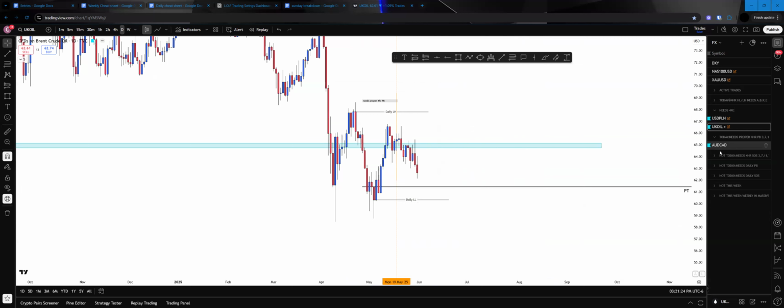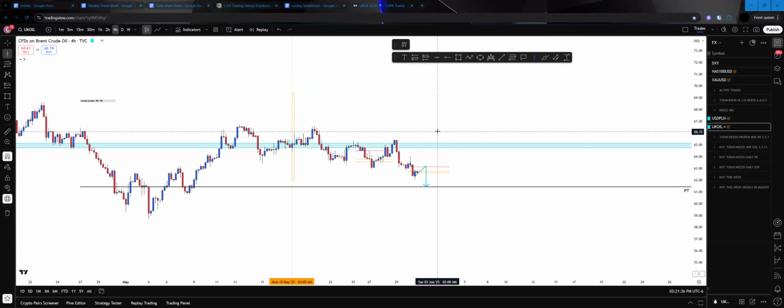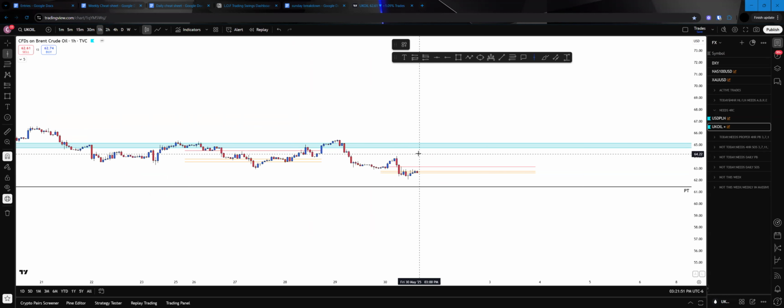All right, we're done. So these would be the soonest one available, maybe in London session. We can only start looking at these after 11. I was like, this looks so weird because it's UK oil. I don't understand why this pair moves like this, to be honest.